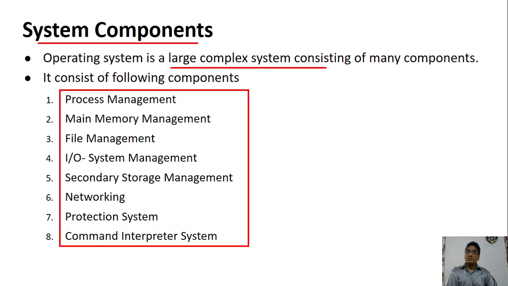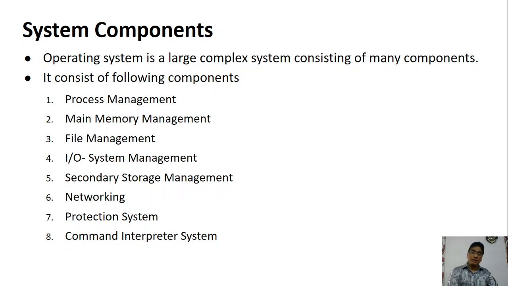These 8 components are process management, memory management, file management, input-output system management, secondary storage management, networking, protection system, and command interpreter system. Let us look at an individual component one after the other. We are going to begin our journey with the process management.